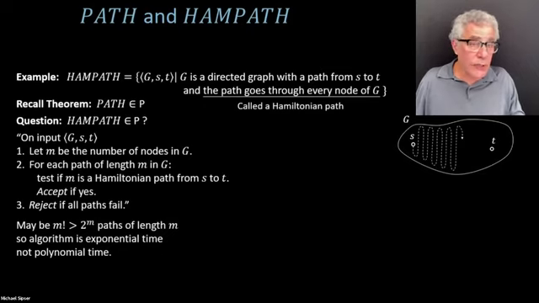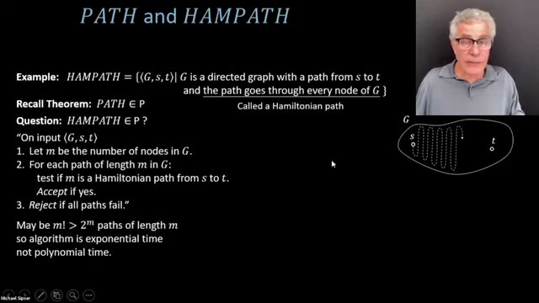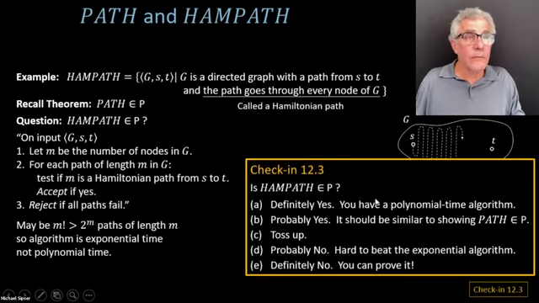So my question for you, which I'm going to pose as a check-in problem, is whether you could actually do this problem in polynomial time. So I want you to think about that as I'm setting up the question. Take the hand path problem, just like the path problem which I described with that marking algorithm, but now you want to hit every node along the way.